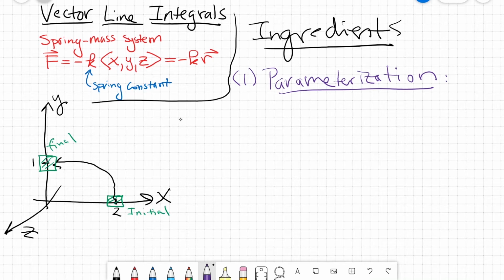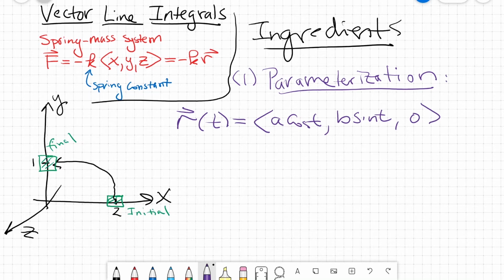Why don't we try this format for elliptical curves? Some constant a times cosine t, this will be for the semi-major axis in this ellipse, the a constant, b times sine t, and nothing's really going on in the z-axis, so 0 for z.